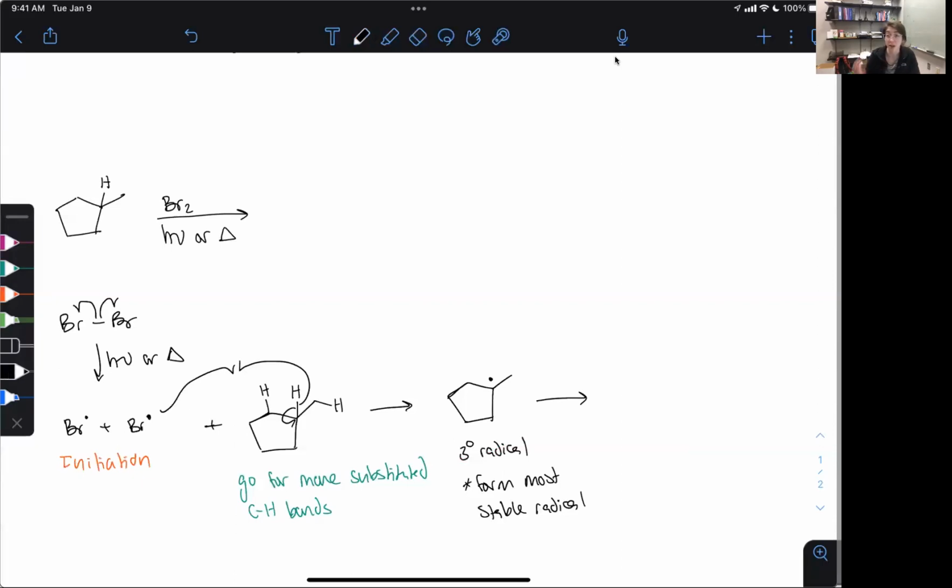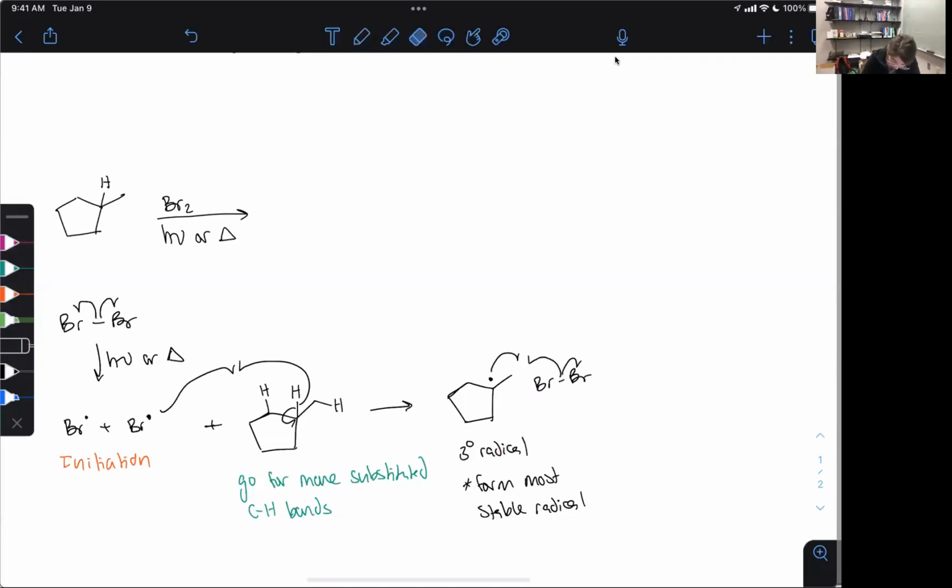So we are propagating the radical by creating another reactive radical. So that carbon radical can then react with a molecule of bromine. So if we come here, one of those bromines can make a bond. The other bromine gets the remaining electron from the bromine-bromine bond.